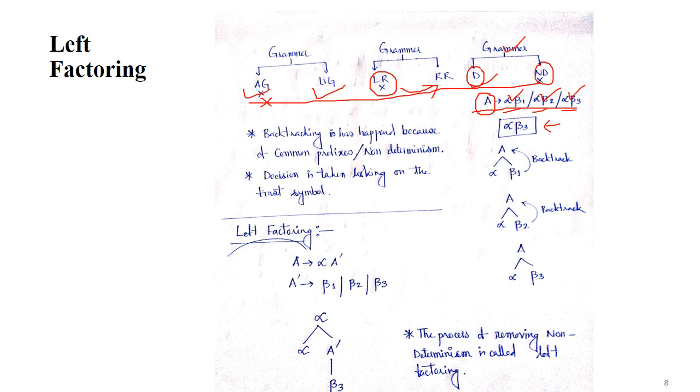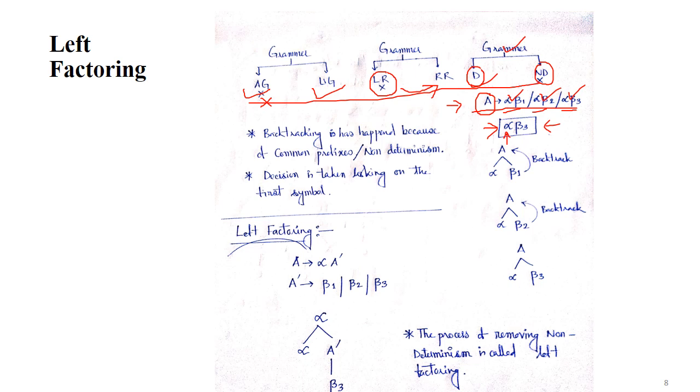but I can see this is my third production, but your parser cannot directly see the third production, because parser, or you can say your syntax analyzer, doesn't have that power to visualize or to see the third production first, because your parser always scans the input symbol from left to right. So it will scan this input symbol first and it can see alpha. So it will go to the production and see A equal to alpha beta 1.